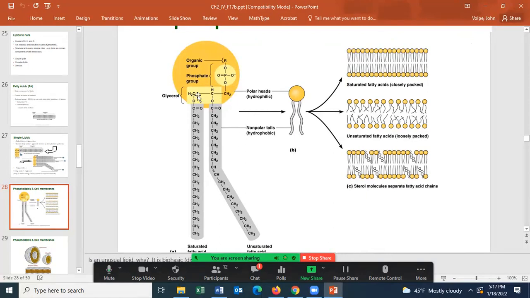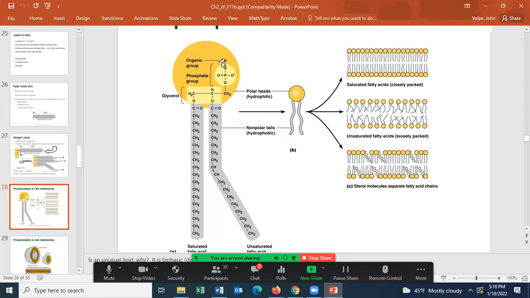And on the head, there's the polar group, which contains glycerol, a phosphate group, which makes it polar, and then an organic group, which is the rest of the molecule. And we just abbreviate that as R. And we'll talk about R being the rest of the molecule in other molecules we talk about, like proteins.